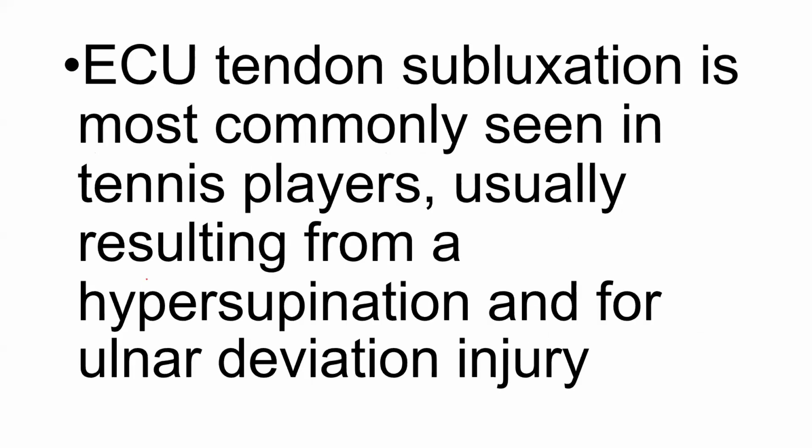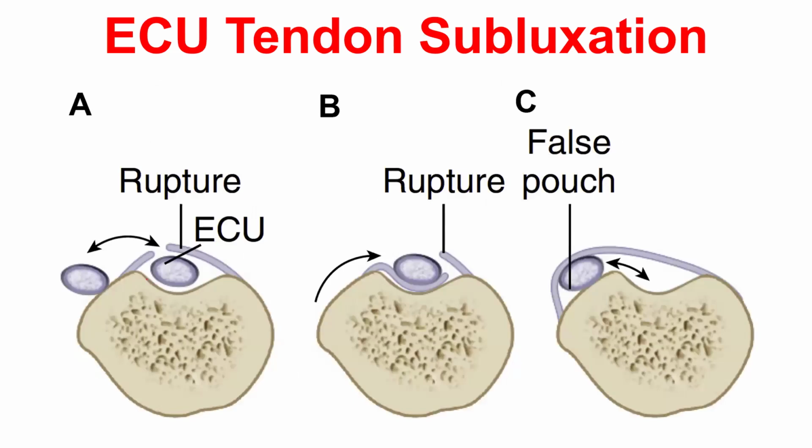Extensor carpi ulnaris tendon subluxation is most commonly seen in tennis players, usually resulting from hypersupination and ulnar deviation injuries. This shows you how the extensor carpi ulnaris tendon subluxation can occur. You can have a rupture, and as a result, you can have a false rupture or a subluxation.